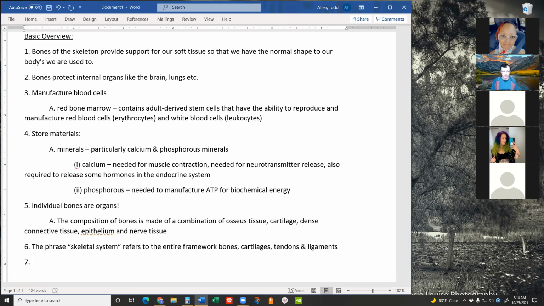One more term here, and that term is osteology. Osteology is the study of bone structure and the treatment of bone disorders.